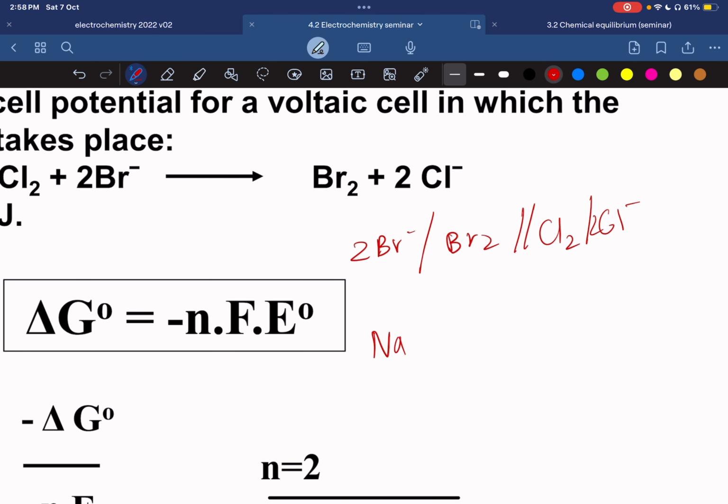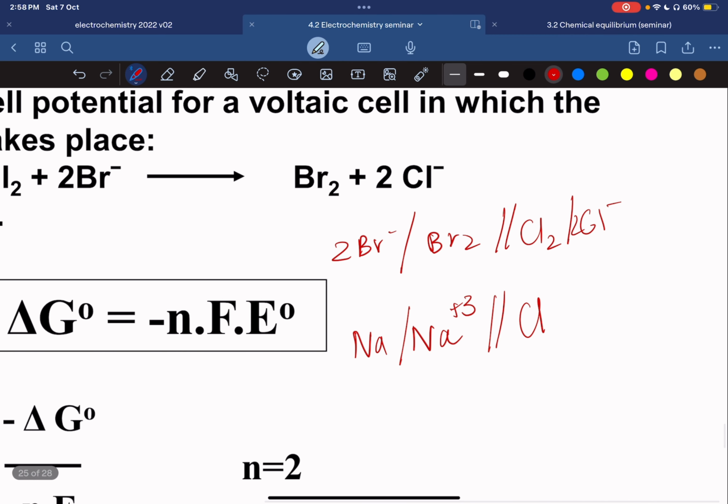But let's say, for example, this is for example only, this is not actually a real thing. I'm saying getting oxidized, so you want it to lose electrons, so Na plus 3 slash Cl. This is not an actual thing, so I'm just making this for the example's sake. Then you get a Cl minus.